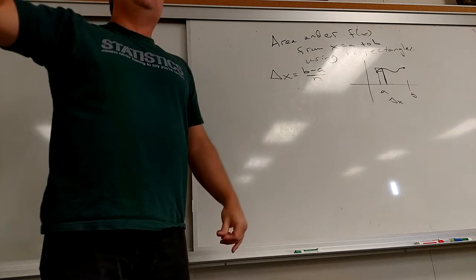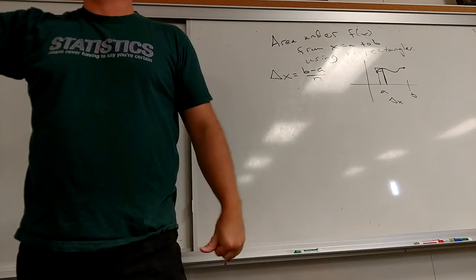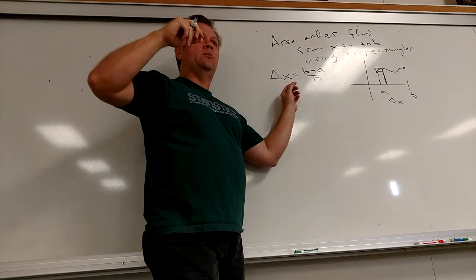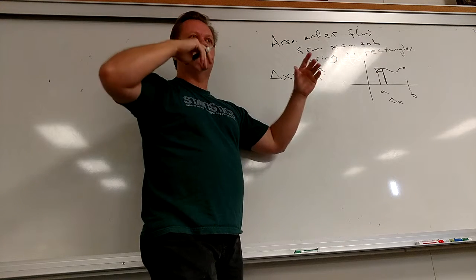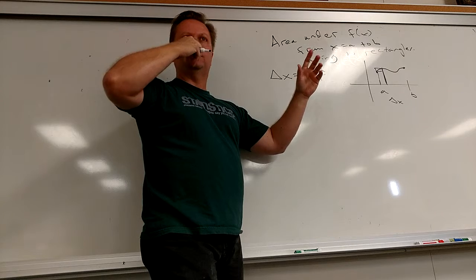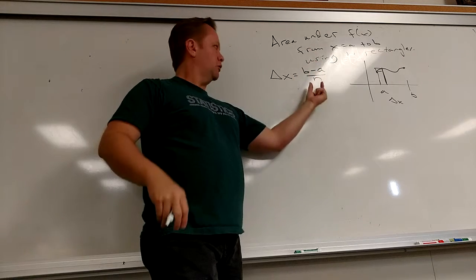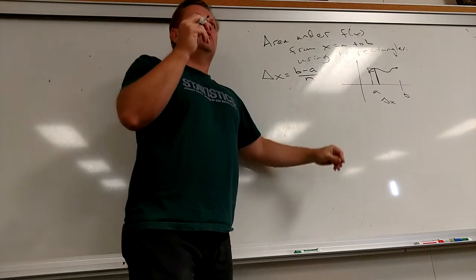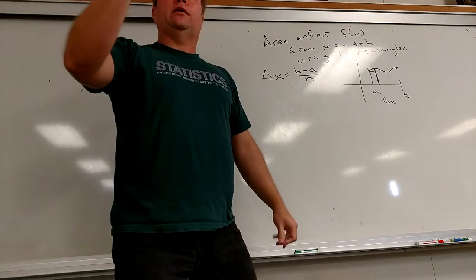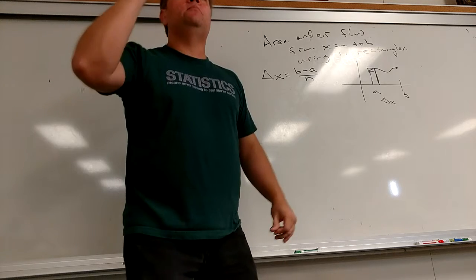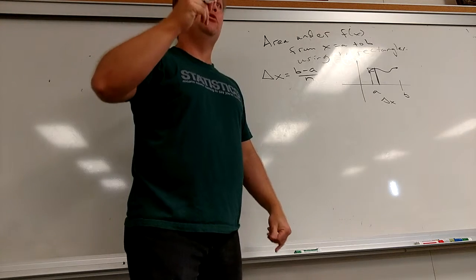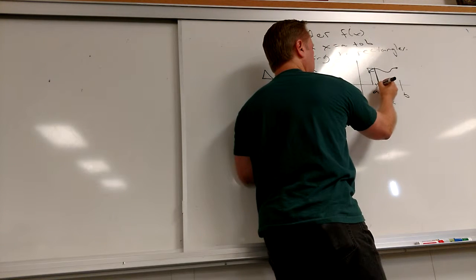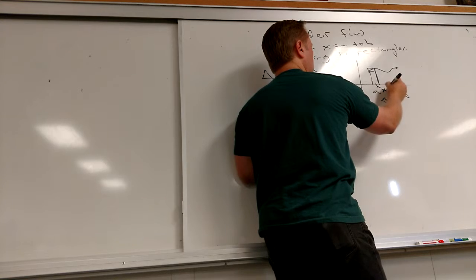If I let the number of rectangles go to infinity, what happens to the width as the number of rectangles goes to infinity? What is the width approach? Zero, because I'm dividing by bigger, bigger, bigger. So when I start letting the number of rectangles go to infinity, it doesn't matter what point I use to determine the height. In fact, if any of you are reading the book, they talk about x_i star.